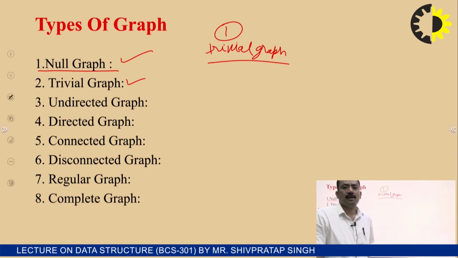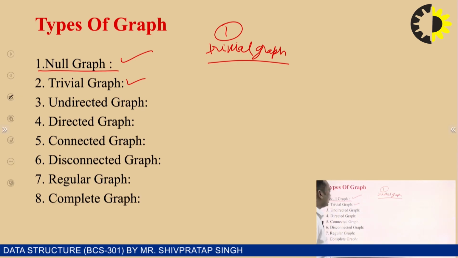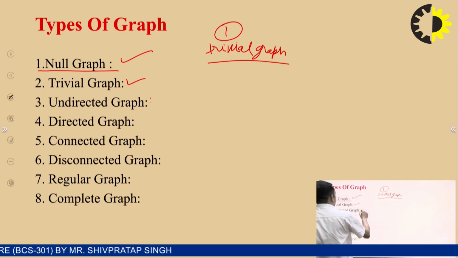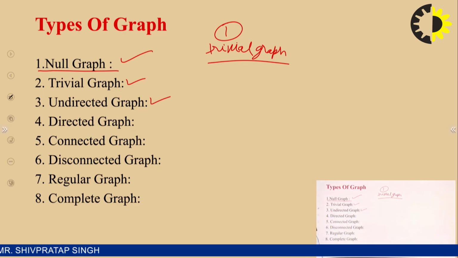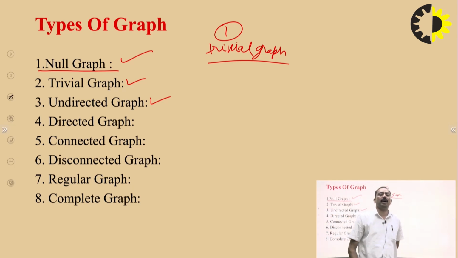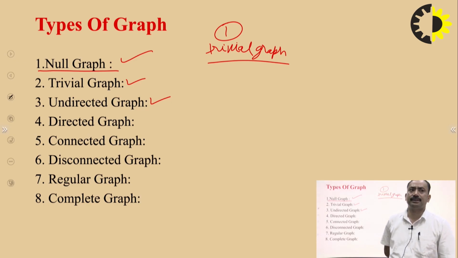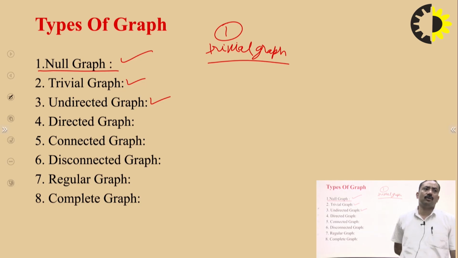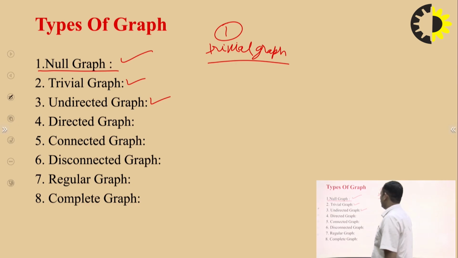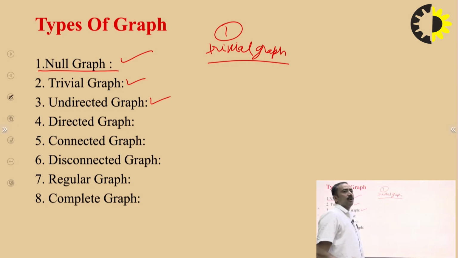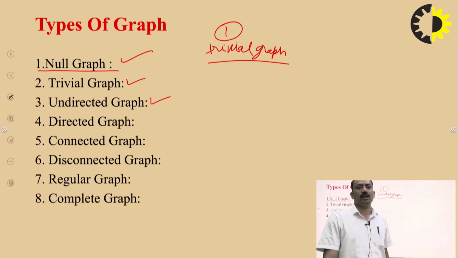Now the third type of graph is the undirected graph, a graph in which edges do not have any direction. That is, the nodes are unordered pairs in the definition of every edge. We already discussed in our previous slide that an undirected graph is one where there is no direction between edges.